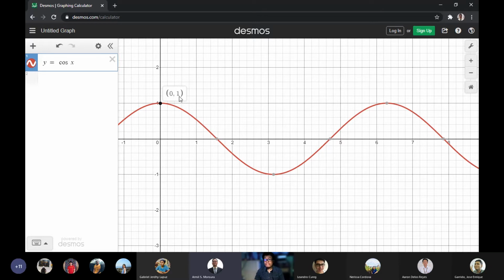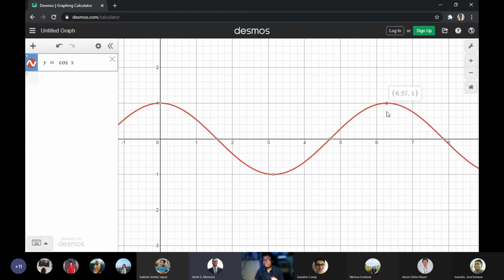Now, if we move your point along this graph, you would see that after some values of x that would pass by, that value tends to repeat.